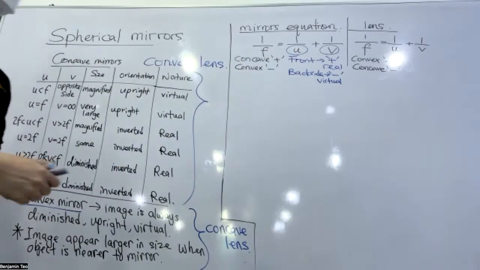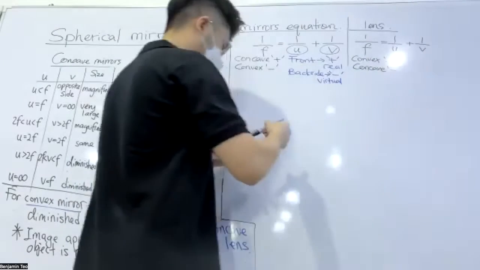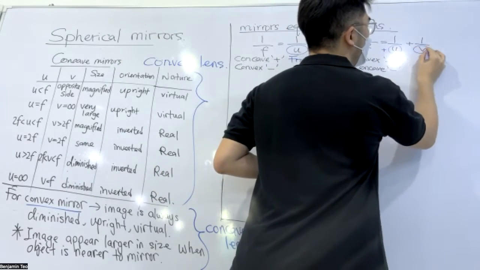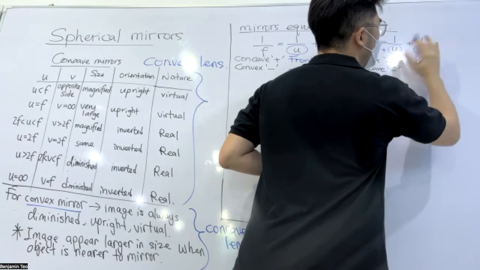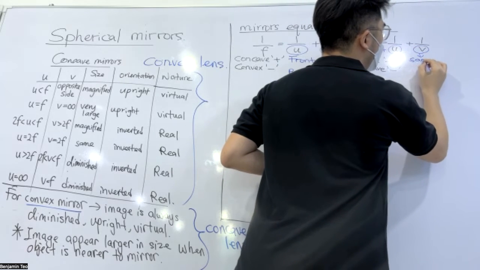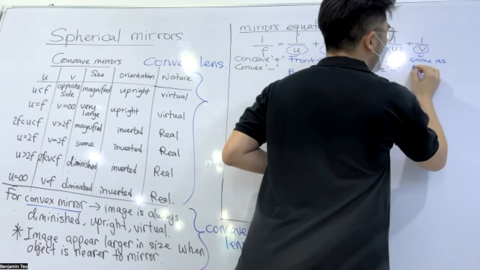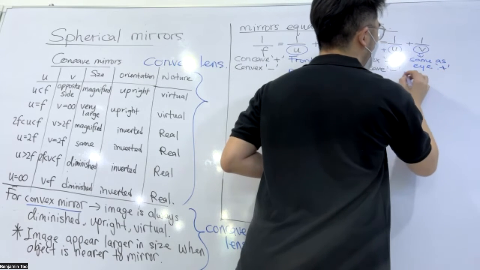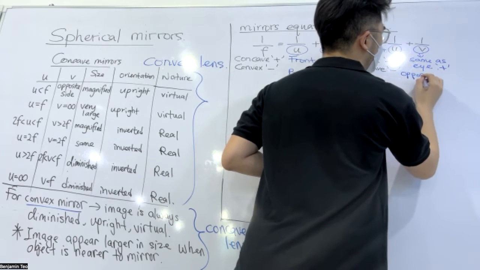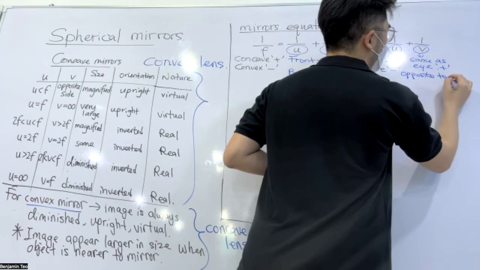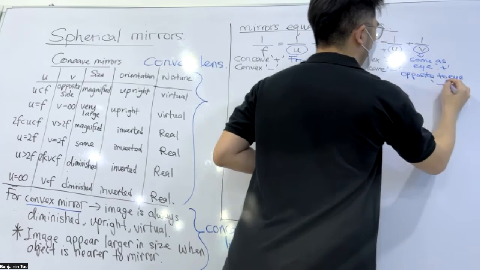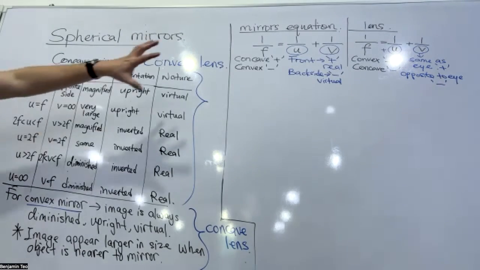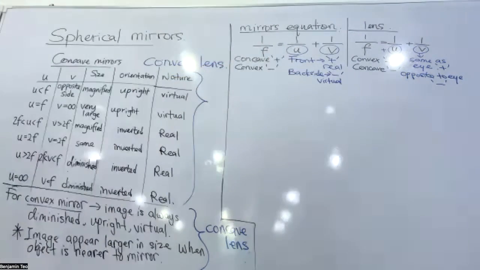That's it. For lens, you remember u is always positive, and then v depends on which side, right? If same side as the image, we use positive, opposite to the image is a minus. Okay, so in the mirror equation, this one.